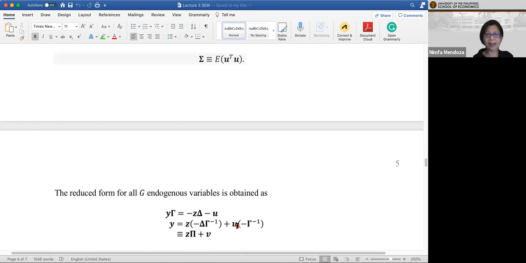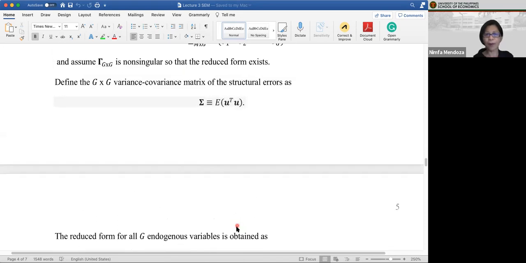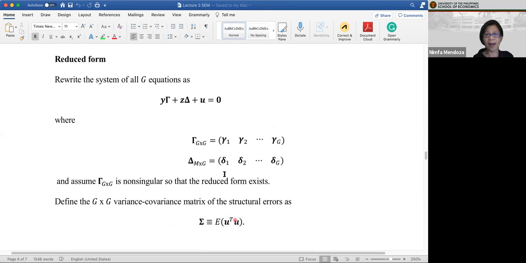Now let us get the reduced form for this. So this is the structural equation. For the reduced form, we want to isolate Y on the left-hand side and have Z and U on the right-hand side.